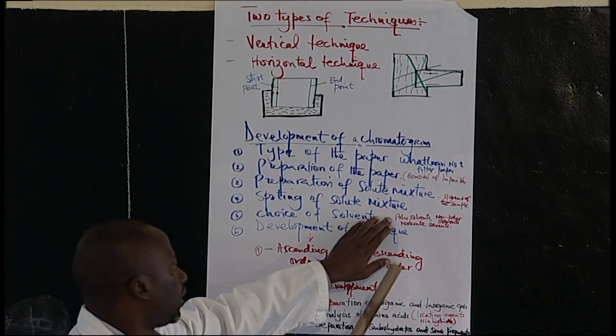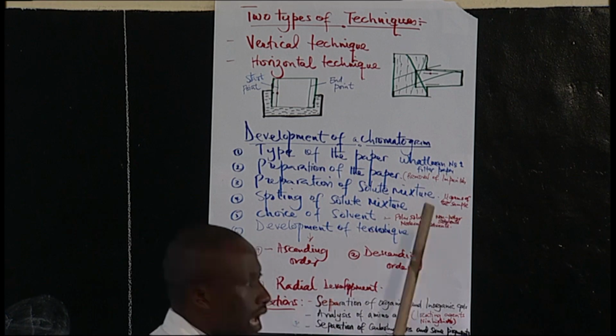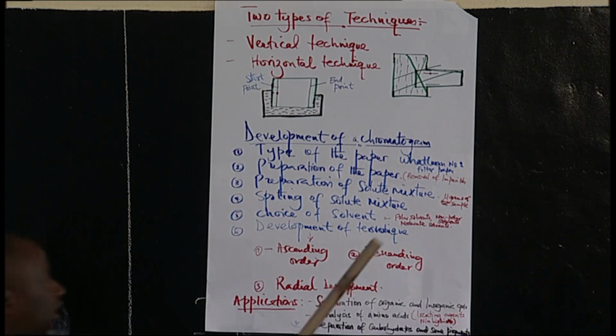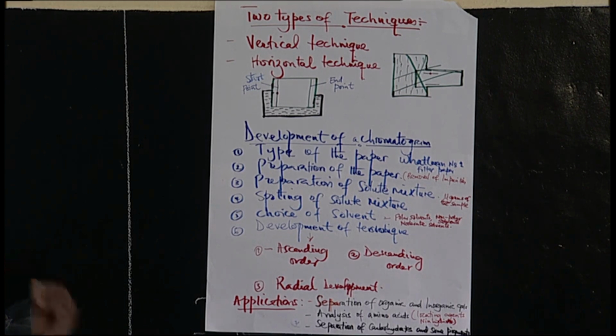There are many solvents. We have the polar solvents, non-polar solvents, and then we have the moderate solvents. In this case, it will depend on what you are going to develop, or on the type of the mixture that you want to separate. So in most cases, we use organic solvents.